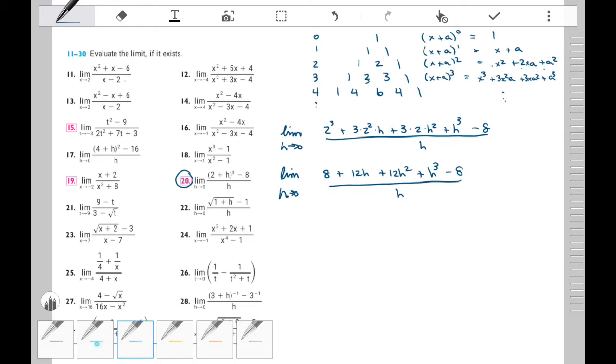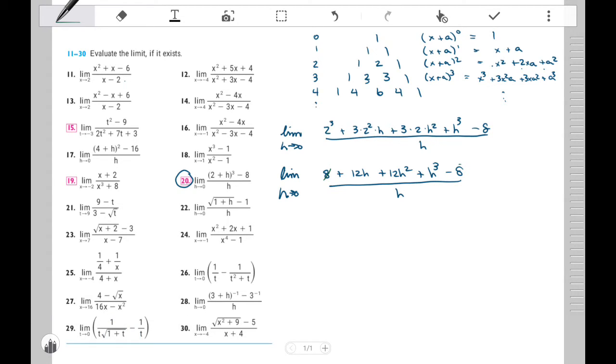Here we can see we have some terms that we can collect. We have 8 and minus 8, adding 8 and then taking 8 away. It's sort of irrelevant. The limit as h goes to 0 of 12h plus 12h squared plus h cubed, all divided by h. Our issue is that there's an h on the bottom. If we could factor an h out of the top, that would be awesome.